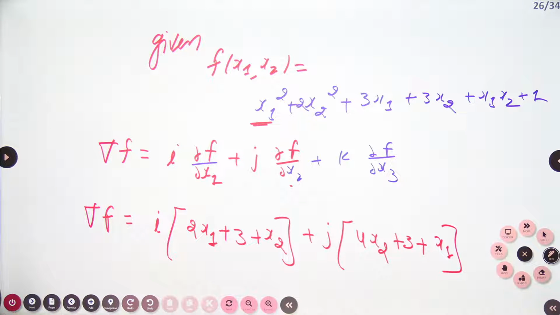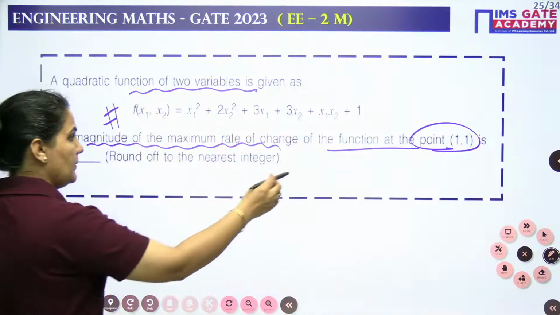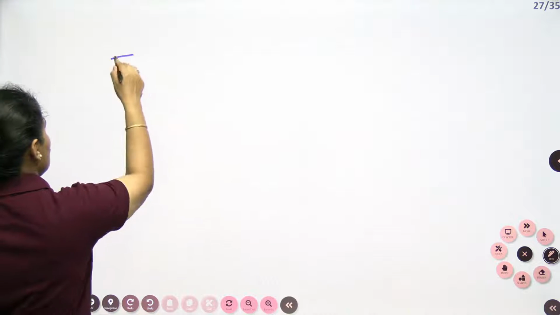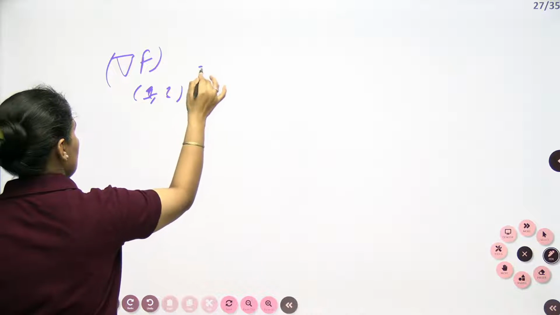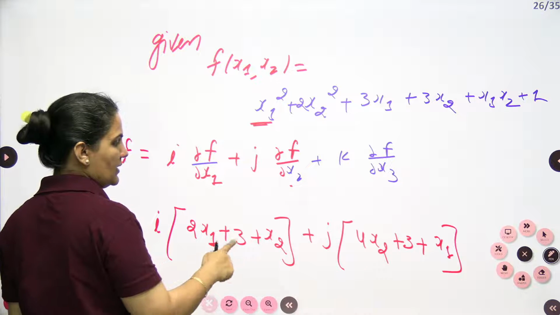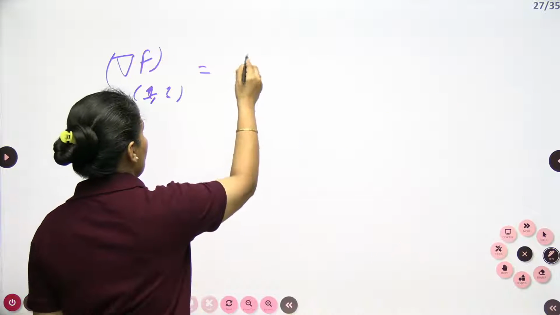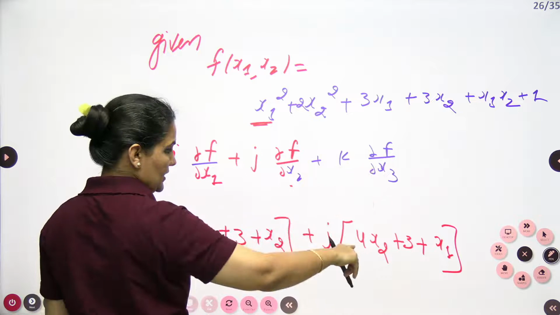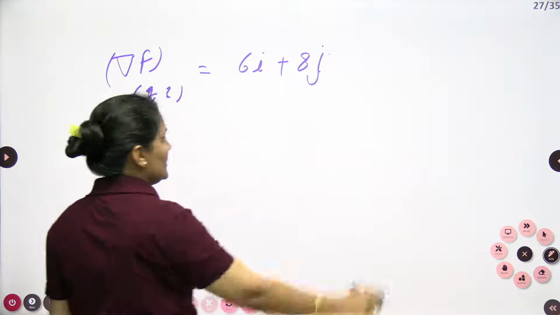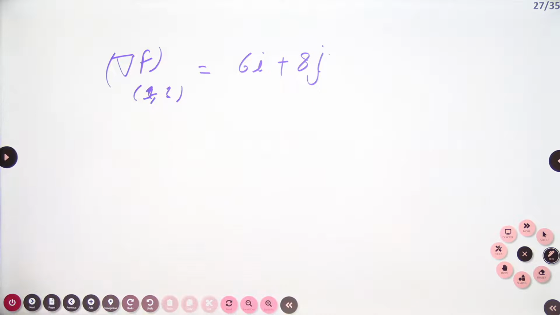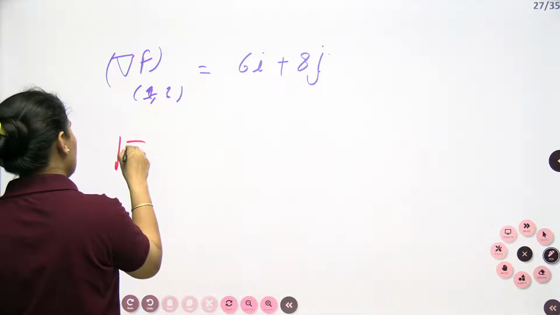The point is also given to you, my point is (1, 1). So I will find the value of the gradient at the point (1, 1). Here it is 2 plus 3 plus 1, so 6i, plus 4 plus 3 is 7, plus 1 is 8, so 8j. We have 6i plus 8j at the point.